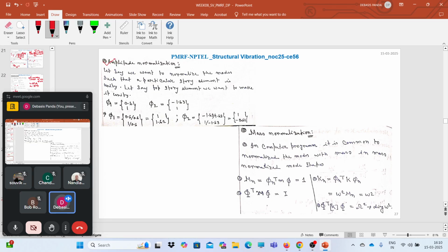Say amplitude normalization, that means we make the amplitude of the last mode to 1. Like already we have seen that for the first mode, phi 1 1 and phi 2 1, we consider phi 2 1 is 1. That means we normalize it. For the second mode also, we have seen like we normalize this ordinate like phi 2 2, right?